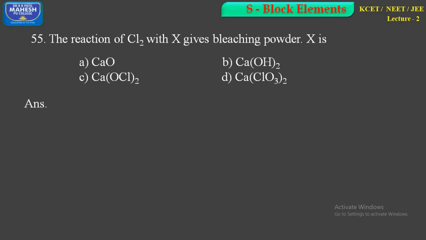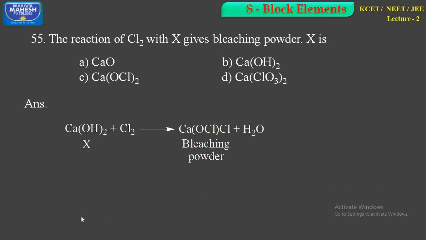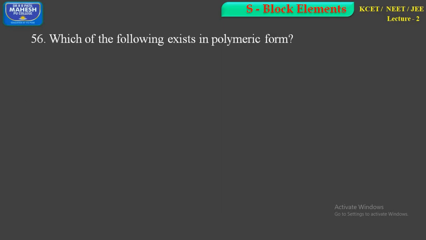Students, calcium hydroxide, when it reacts with chlorine, gives bleaching powder, that is calcium oxychloride, along with water. So the right answer is option B, calcium hydroxide.